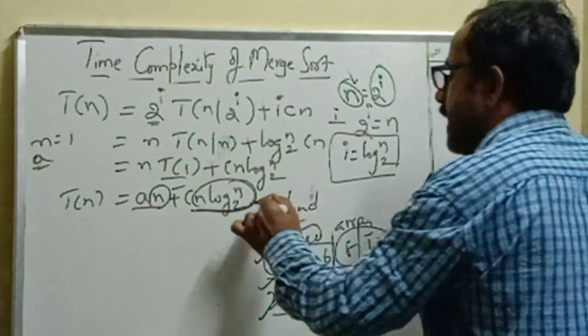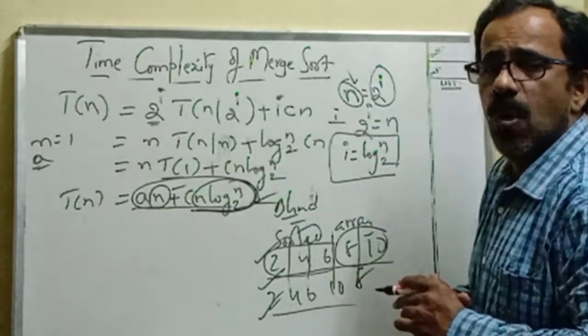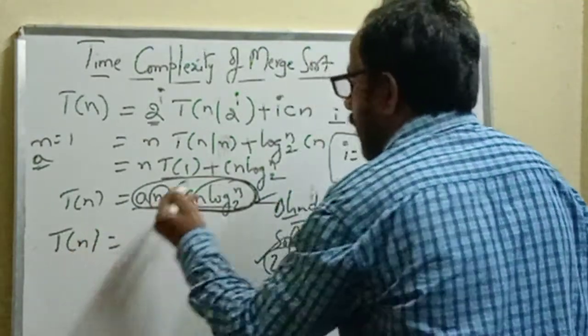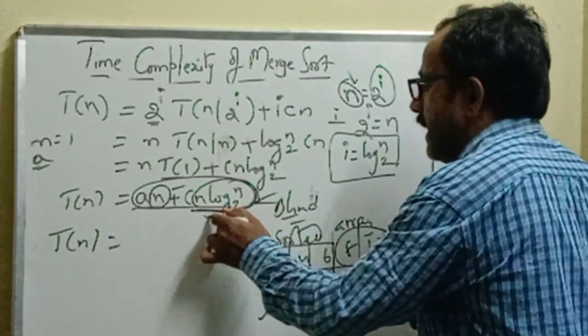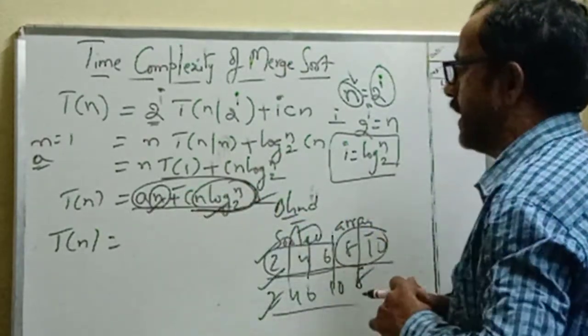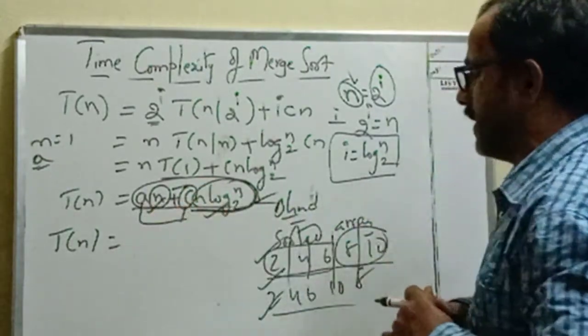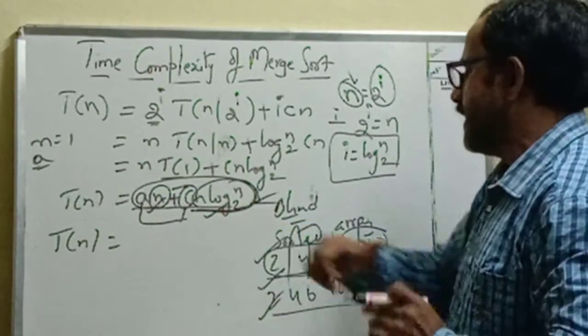So while representing this entire term in terms of time complexity using either big O, omega or theta, we need to identify which term is greater. Either this term is greater or this term is greater. Anyway, we are going to omit C and A because these two are constants. A is the coefficient of n, and C is the coefficient of this entire term.